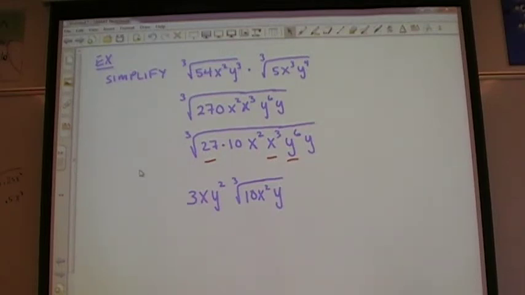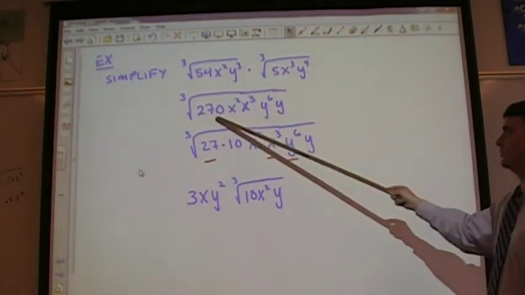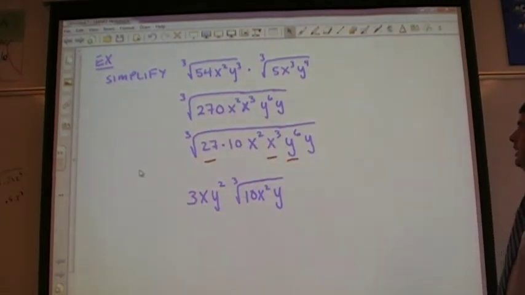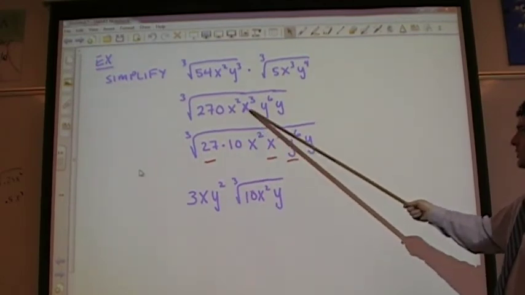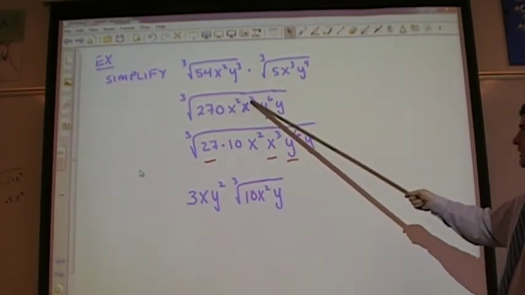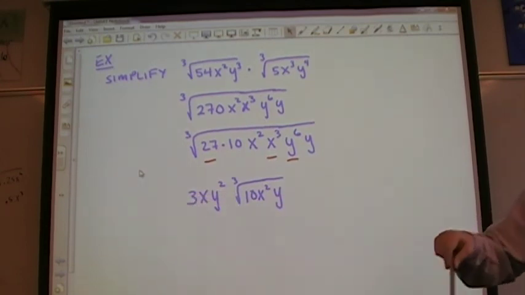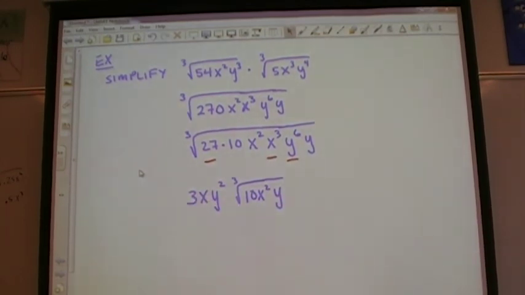If they were different radicals, you could not put them together like I just did. 54 times 5 is 270. I left x squared, x cubed. I didn't add the exponents here because when you take the cube root, what must the exponent be divisible by? 3. So it wouldn't make sense to make that x to the 5th, because you'd have to go back and break it up as x cubed, x squared.